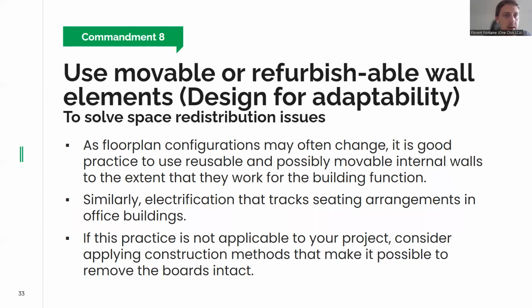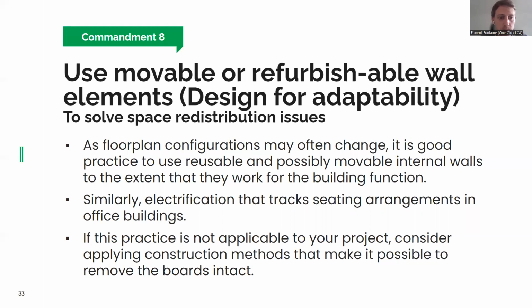And then commandment 8, use movable or refurbishable wall elements. This is what we can call design for adaptability. By doing this, you have a forecast on how the building will be used or could possibly be used according to your needs in the future.